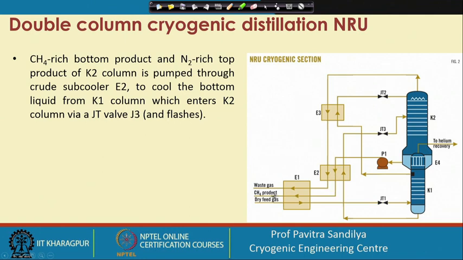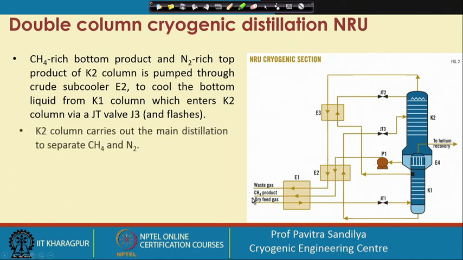Before they are taken out, they are passed through this 3-channel heat exchanger to cool down the bottom stream from the bottom column. So here we are doing some heat integration to internally cool down the hot stream. The nitrogen is waste gas, and we get the product methane from the bottom of the top column.